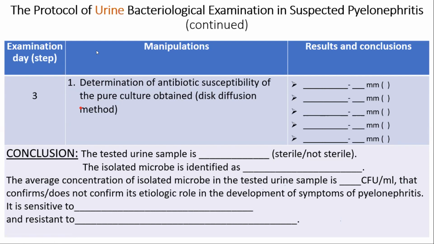Not sure that's Pseudomonas, but it may be E. coli or coliform. You may mention coliform bacteria or gram-negative bacteria. The concentration in the urine sample is 10 to the power 8. That confirms the etiological role in the development of symptoms of pyelonephritis. The results of the antibiogram will be added during classes.